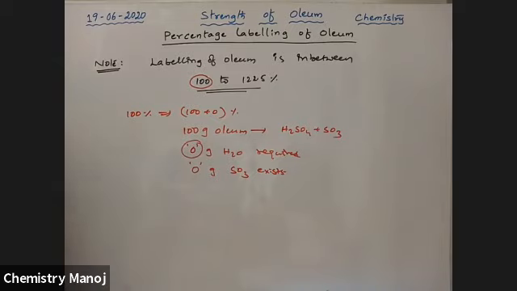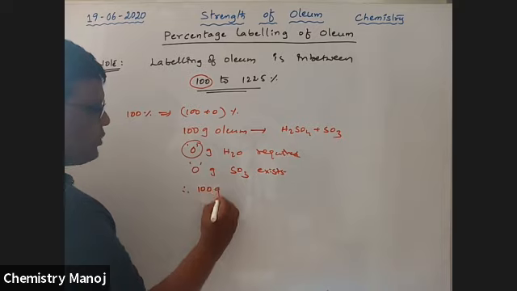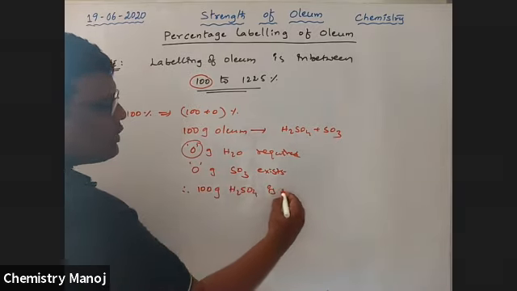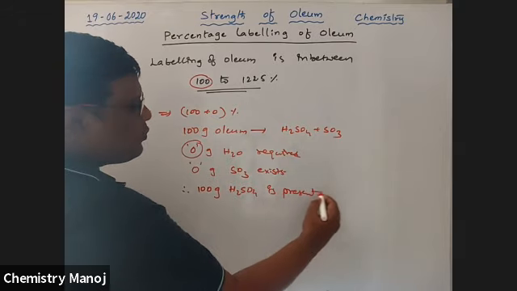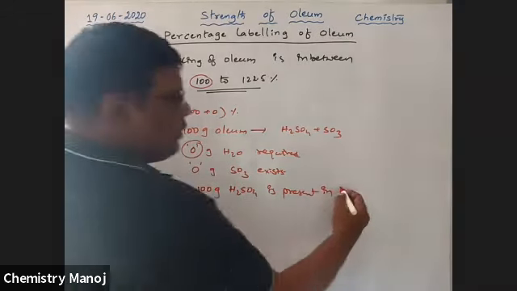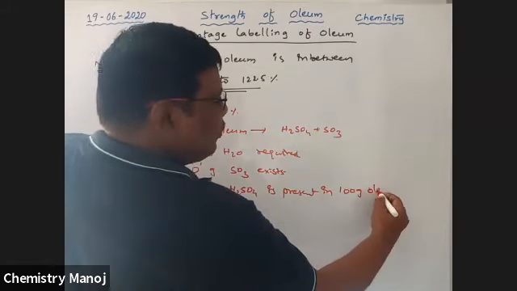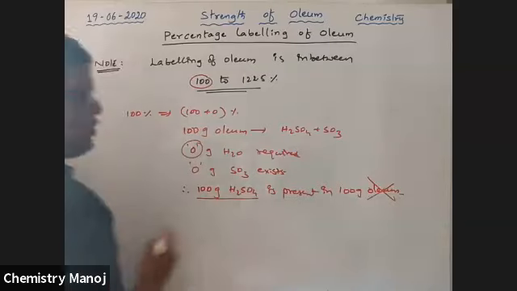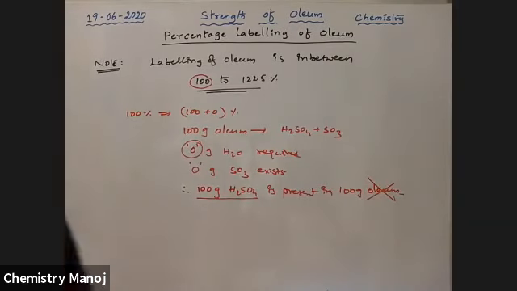That means no free SO3 is there. Therefore, 100 grams H2SO4 is present in 100 grams oleum. That means it is not oleum, it is only H2SO4.